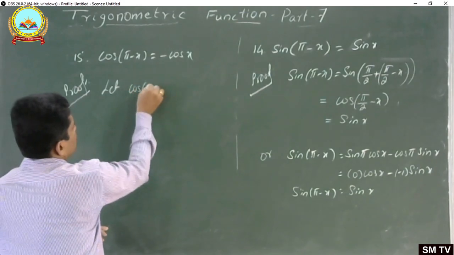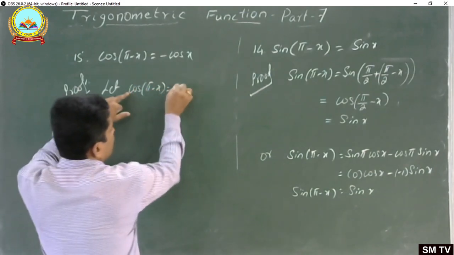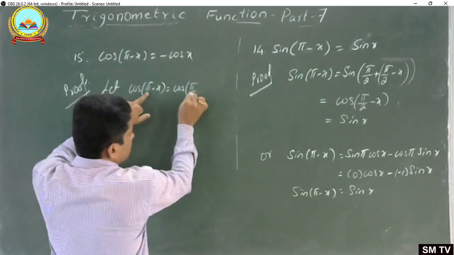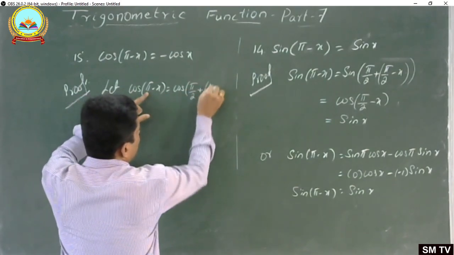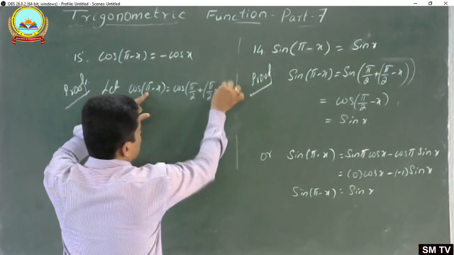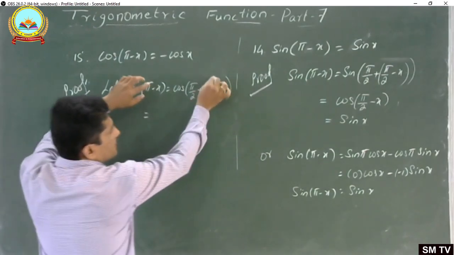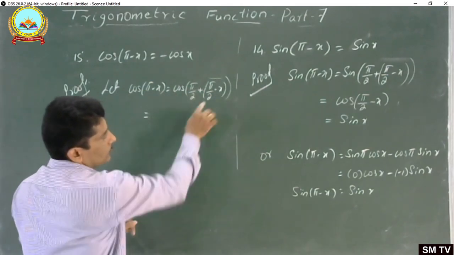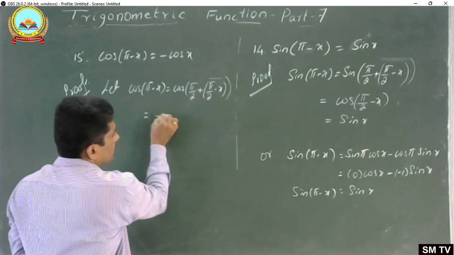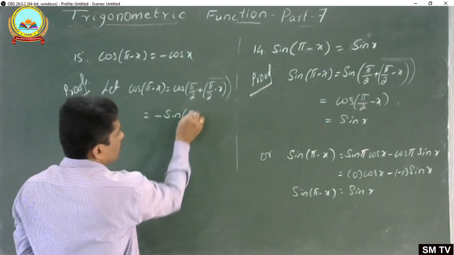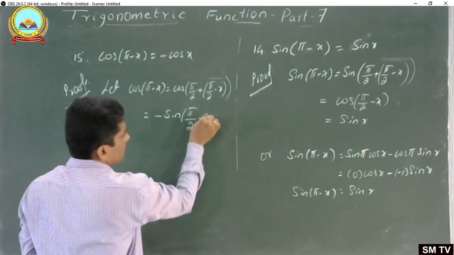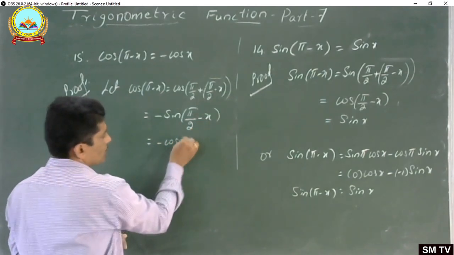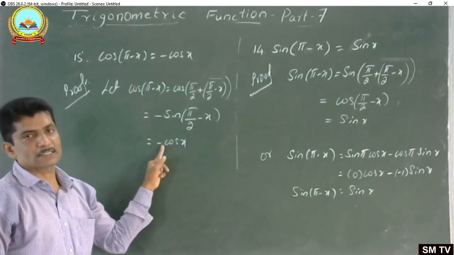Cos of pi minus x, write directly cos of pi by 2, pi can be split as pi by 2 plus pi by 2 minus x. It means this value is x by assumption. Cos of pi by 2 plus x, its value is minus sine of x, where x means pi by 2 minus x. Minus sine of pi by 2 minus x means minus cos x. Therefore, this value is minus cos x.